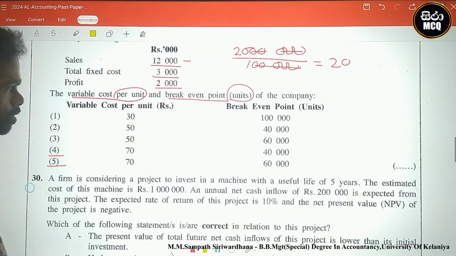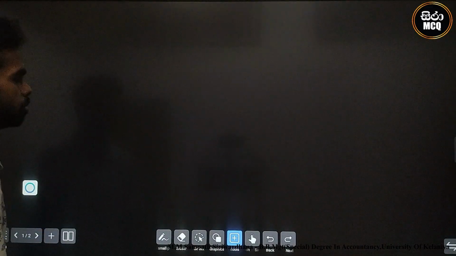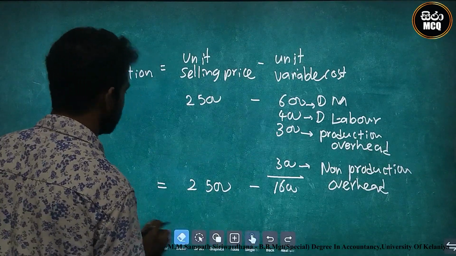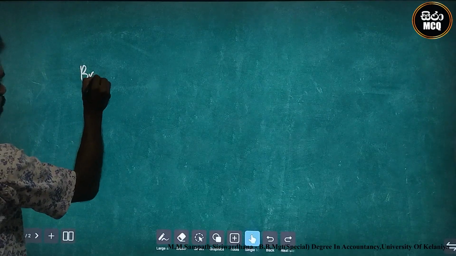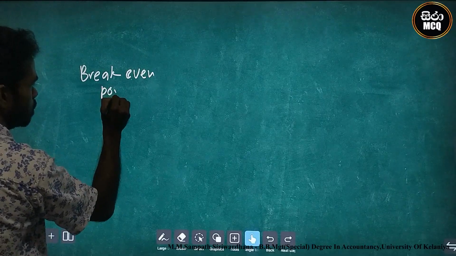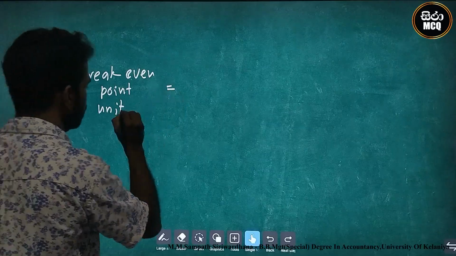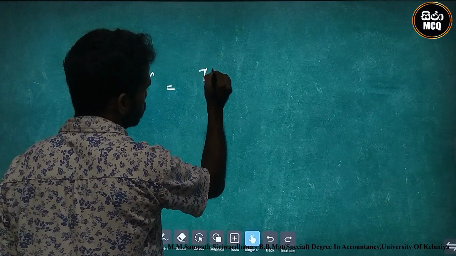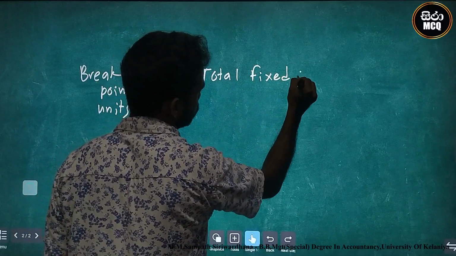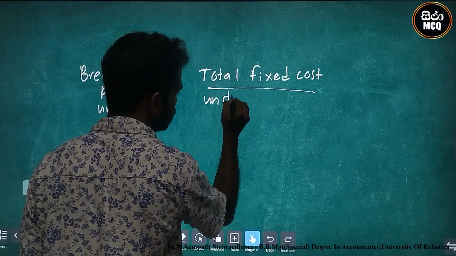There are two answers. We find the break-even point units. What is the equation for break-even point units? How can we calculate? Total fixed cost divided by unit contribution.